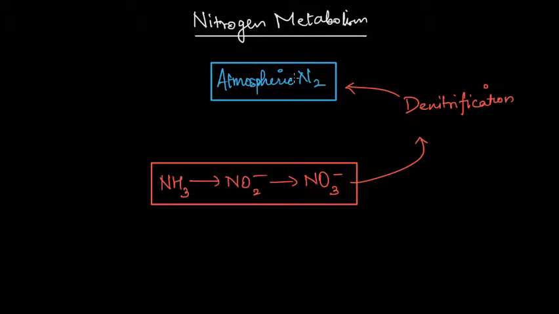So how do we get the nitrogen for making all these compounds like nitrates, nitrites and ammonia right here? We have to fix the atmospheric nitrogen to convert them into these forms. So for fixing the nitrogen, we have three possible routes.